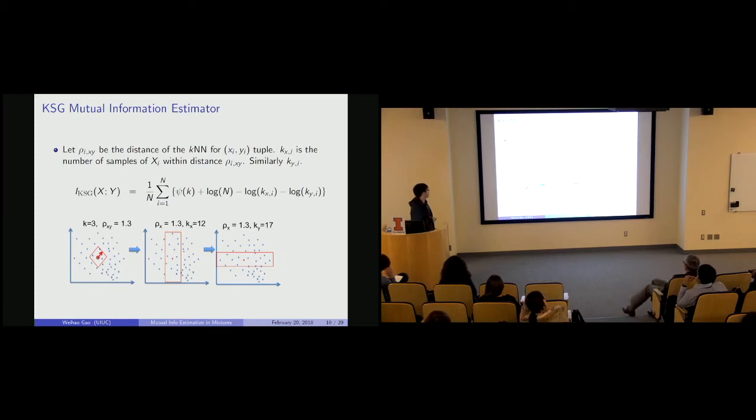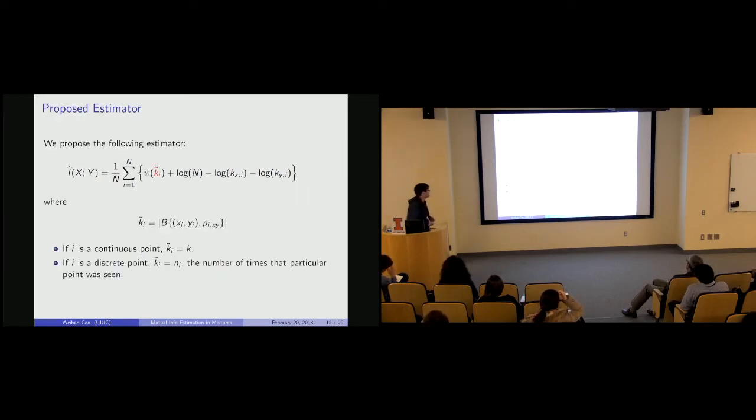So that's the intuition behind the KSG mutual information estimator. One advantage of KSG is that by doing this kind of cancellation in the formula, we don't have rho xy here. This is very crucial when we go to the next step, the mixed setting.